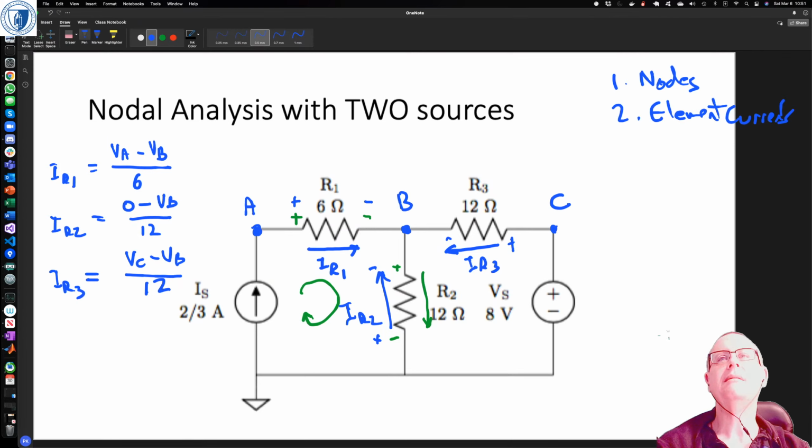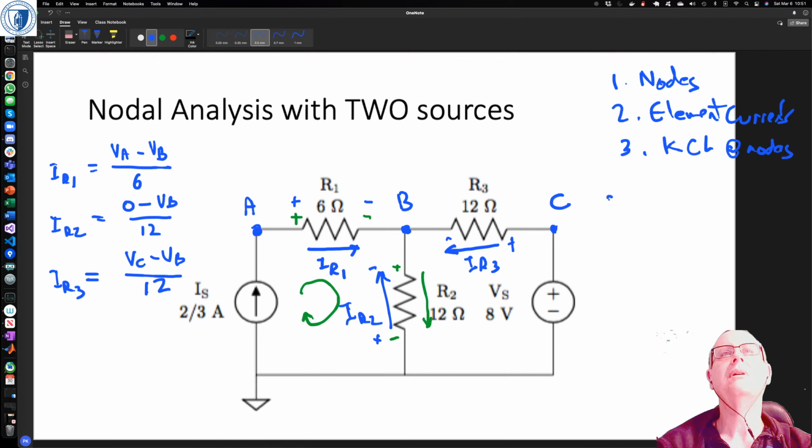So they're the currents, and so the next step is to apply KCL at the nodes.